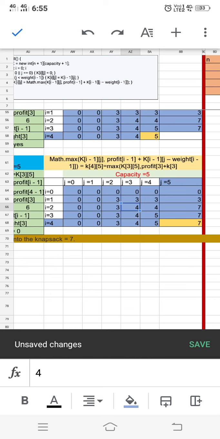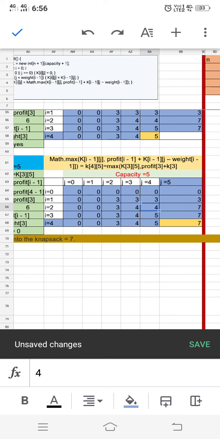if I increase the capacity to j is equal to 4 and j is equal to 5, when I select the object 2, for j is equal to 4 it will not change, it will remain the same. Because object 1's weight is 2 and the object 2 weight is 3, so the total weight I will be getting is 5.